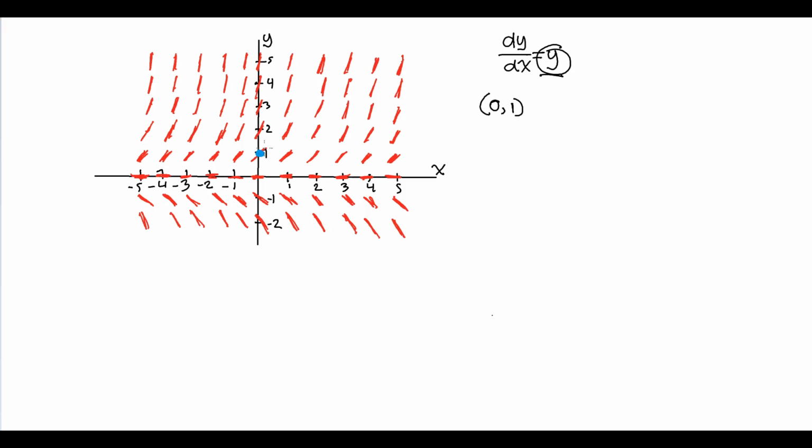You want to draw your curve such that the slope at that point is pretty much equal to the slope segments around it. So this will have a slope of 1 at this point. Then you should curve it so that over here has a slope of 2, over here a slope of 3, over here a slope of 4, over here a slope of 5.